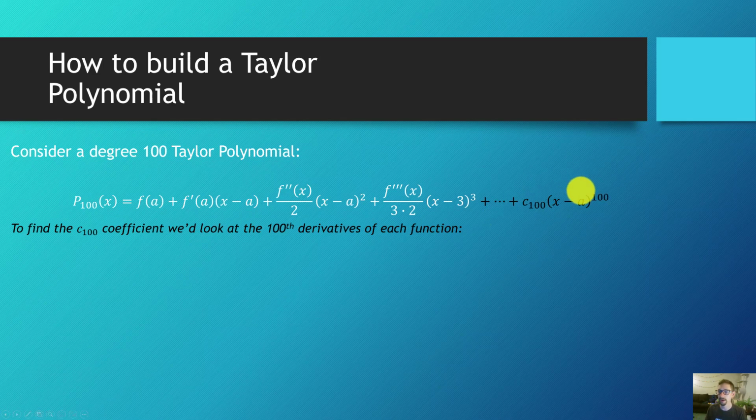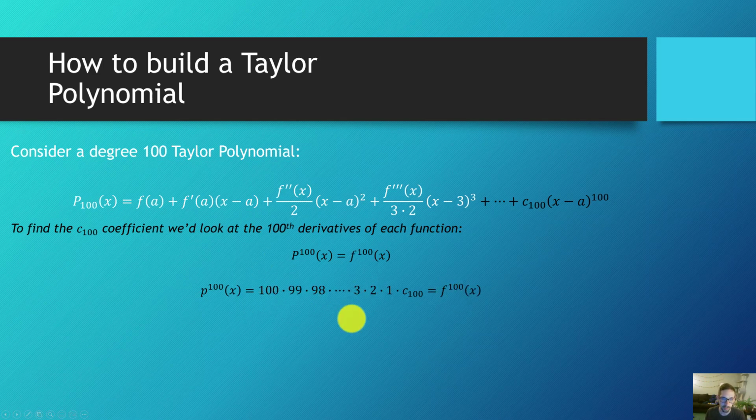By the power rule, first we're multiplying by 100, then by 99 because we subtracted 1 from the exponent, then 98, 97, 96, all the way down until we get to 1. So that will look like 100 times 99 times 98 times and so on, times 3 times 2 times 1, times our coefficient, equals the 100th derivative of f.